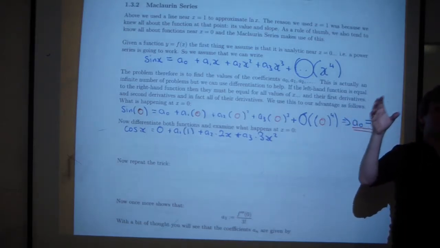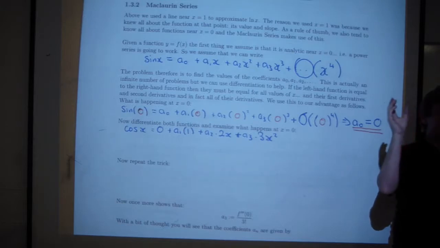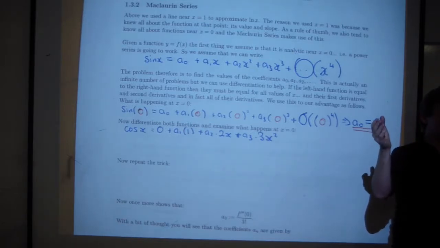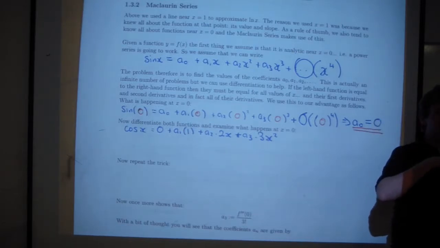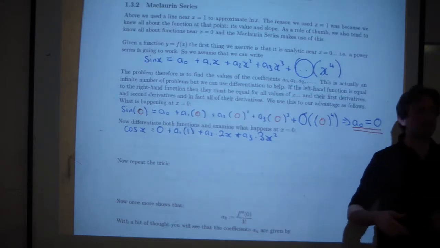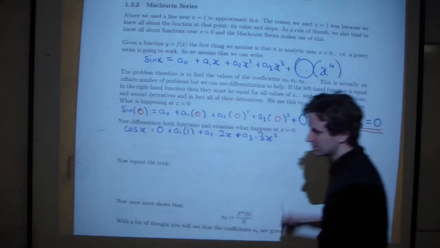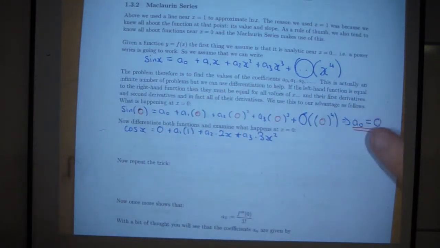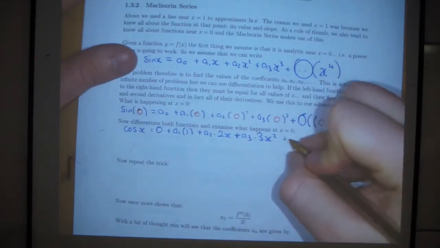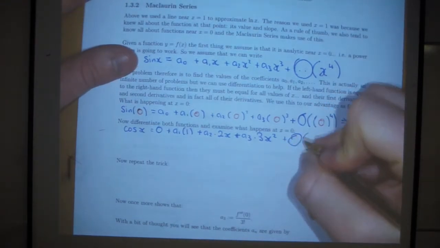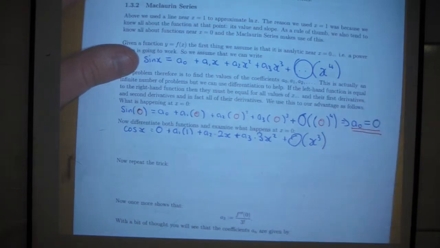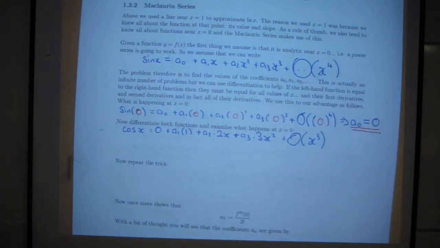You have x to the 4 times the derivative, and that's a multiple of x cubed because it's x times x cubed times something. And then plus the derivative of x to the 4, or multiple of x to the 4. If you think about it, it has to be a multiple of x cubed. So if you differentiate order x to the 4 terms, you get order x cubed terms. Here you can see a bit of this notation being useful.